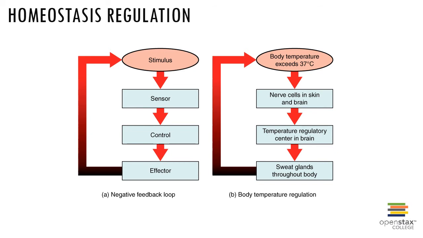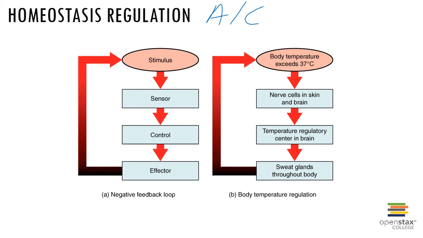So for me to explain the way that homeostasis works, you just need to think about your air conditioner, your AC unit, okay? Air conditioners are there in our homes to keep us nice and cool during the hot summer months here in Atlanta. The way an air conditioner works is that we have a thermostat.